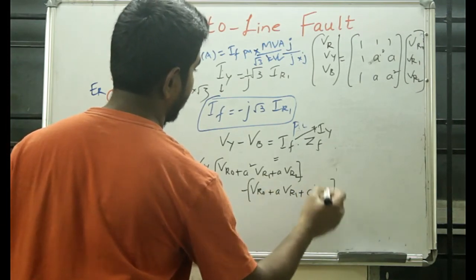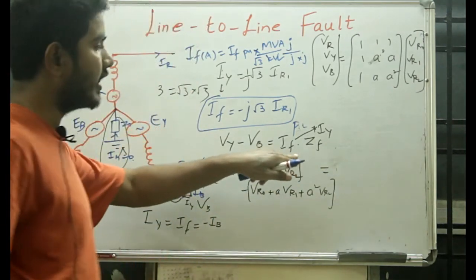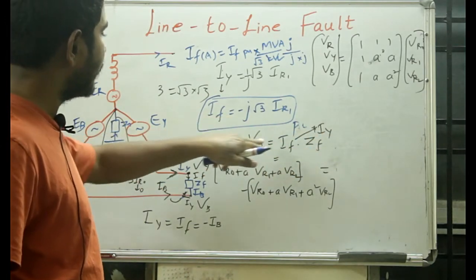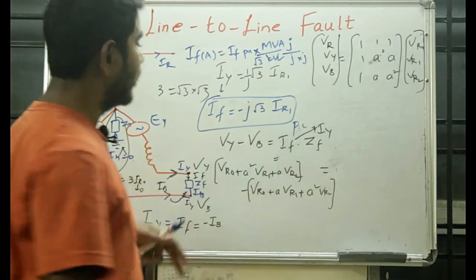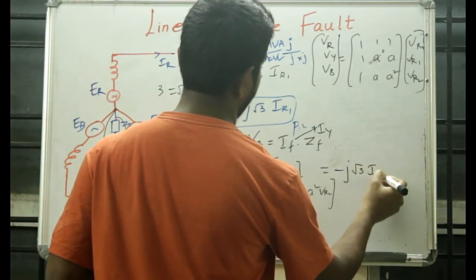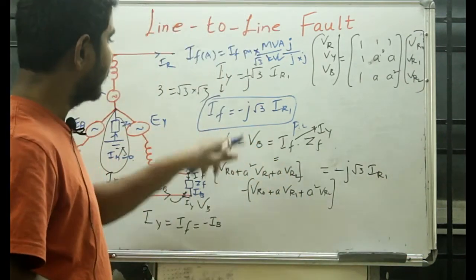This is your Vb. Now this will be equal to, again you can write, If is nothing but Iy, or you can put simply If will be nothing but minus j root 3 I R1, from here.